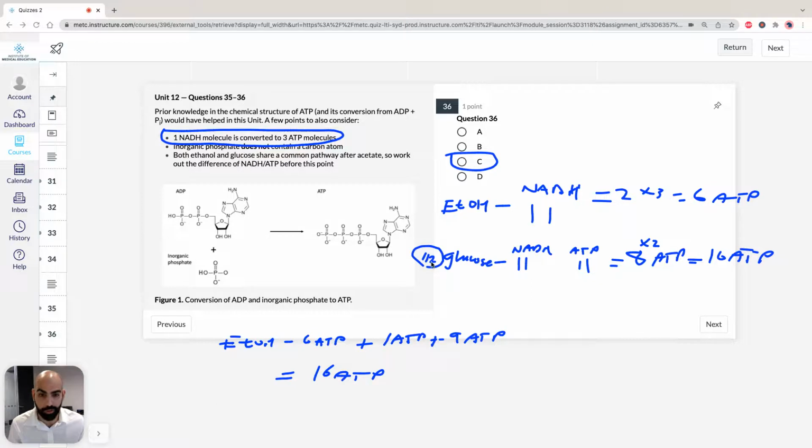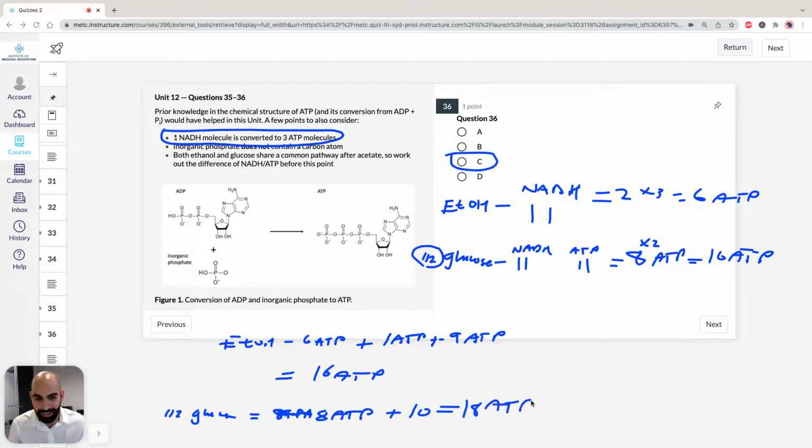Now let's look at glucose. Keep in mind, with glucose, we were given half a mole here. So at the beginning, let's just keep it at half a mole. So half glucose equals 8 ATP, plus, again, 1 ATP, 9 ATP, because it's the same process, so plus 10 equals 18 ATP.